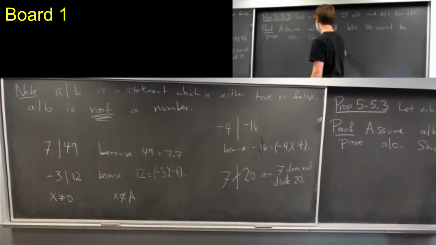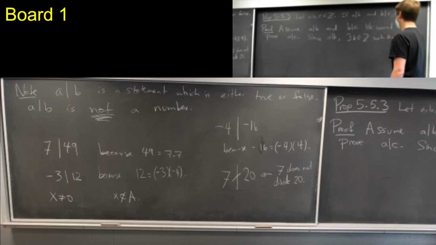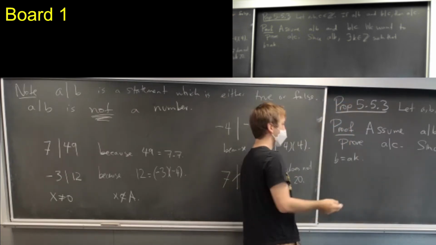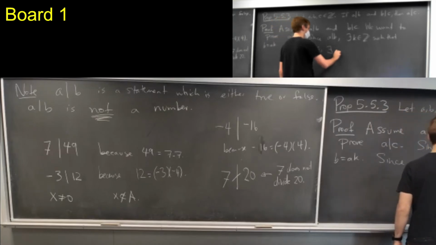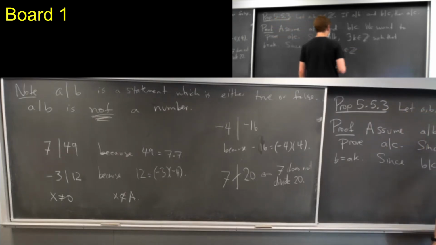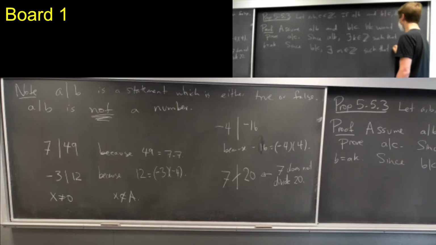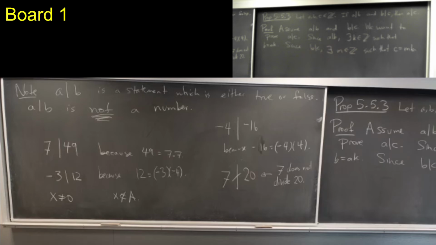Since a divides b, there exists an integer k such that b is equal to ak. And similarly, since b divides c, there exists another integer, let's say m, in the integers, such that c is equal to m times b. This is just by the definition of what it means for one integer to divide another integer.